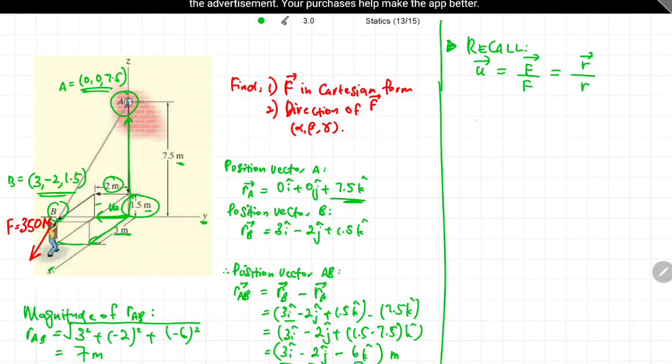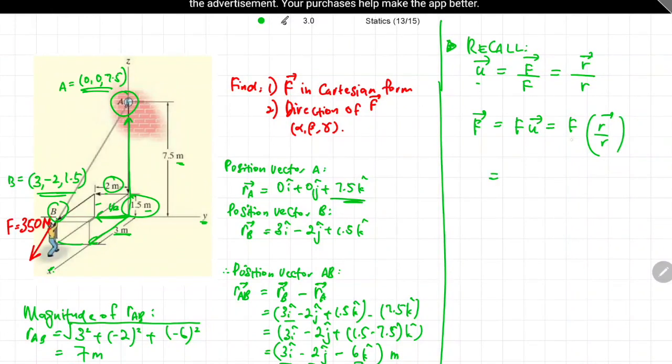So kalau kita rearrange the equation, then our force vector can be calculated by multiplying the magnitude of the force F with the unit vector. So unit vector kita tahu kita boleh juga kira dengan menggunakan nisbah position vector, whereby kita substitute the unit vector with position vector divided with the magnitude of the position.